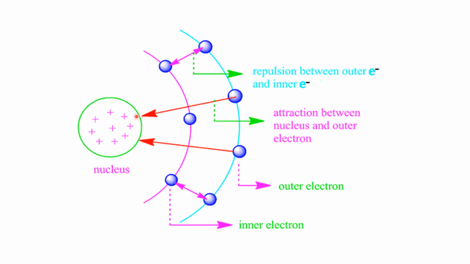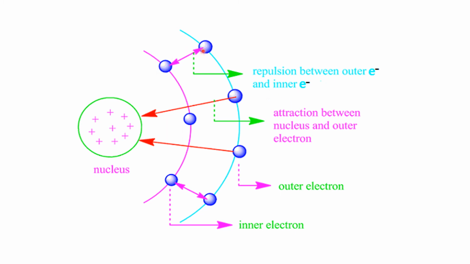Now this is the nucleus. The nucleus has protons and the electrons are revolving around it. If there are core electrons and outer electrons, you will see that these electrons are attracted towards the nucleus because of opposite charges. There is attraction between the nucleus and the outer electrons, but there is also some repulsion between the outer electron and the inner electron.